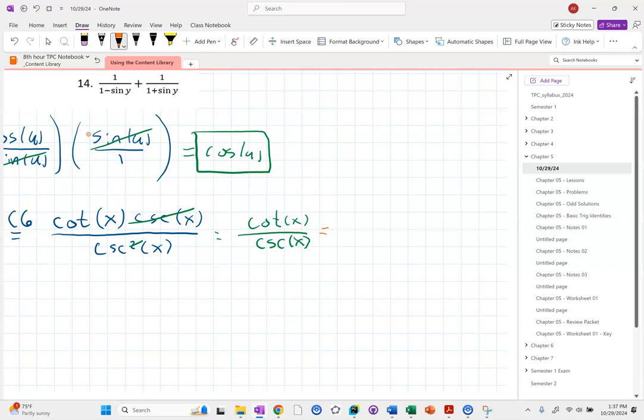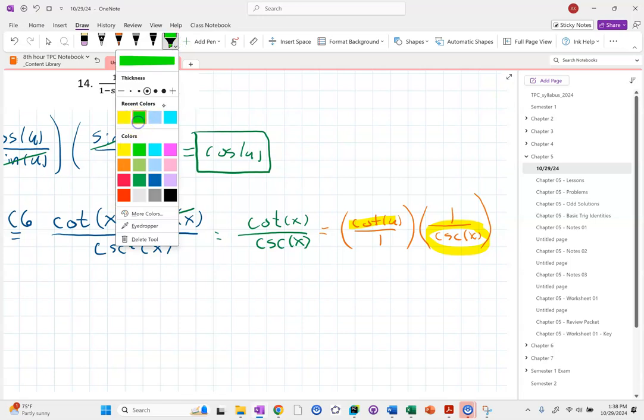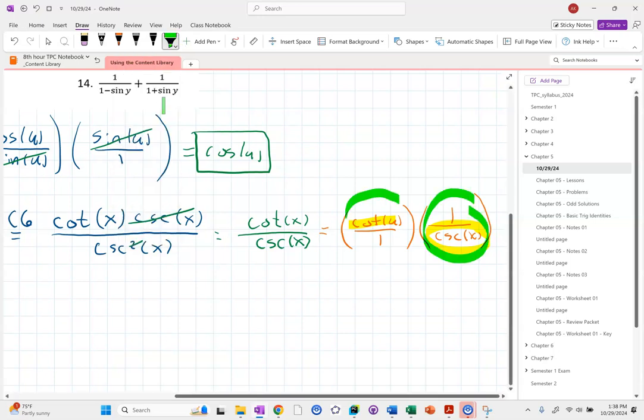So what I'm going to do is think about it as the top of my fraction over 1, times 1 over the bottom of my fraction. I'm going to think about the problem that way. And now either I'm going to look for a cotangent identity that has a cosecant in it, or a 1 over cosecant identity that has a tangent in it.